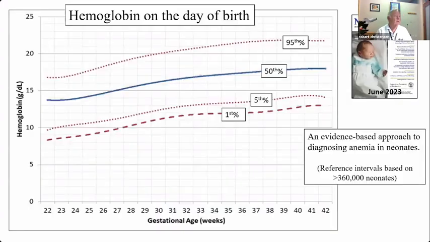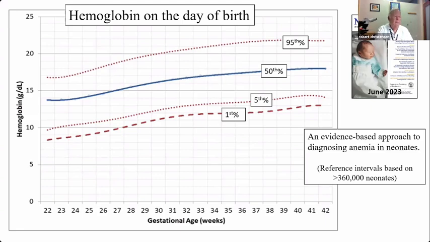This is what it looks like today. This is a reference interval on hemoglobin on the day of birth, according to gestational age in weeks. Here you see hemoglobin, here you see gestational age in weeks, and here you see the lines representing the first percentile, the 5th, the 50th, and the 95th percentile.